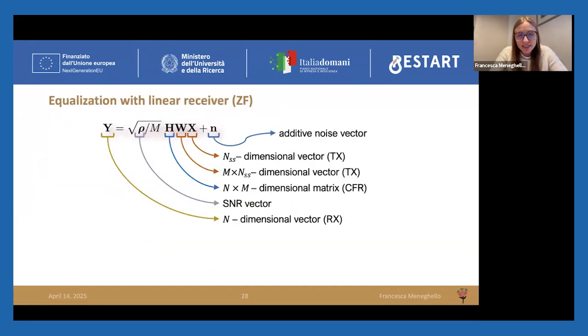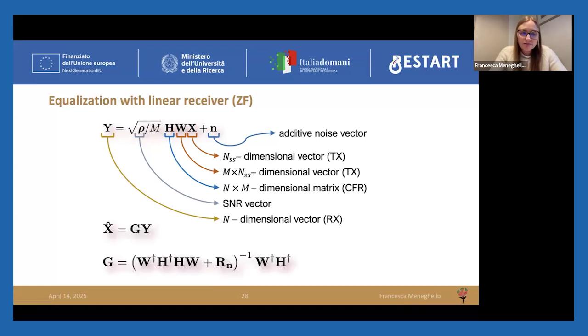And at the receiver, what happens is that we have, as we said before, to demultiplex the streams that we receive, because here the different streams are combined at the different receiving antennas. And to do that, we apply a linear receiver through zero forcing, as we introduced before.